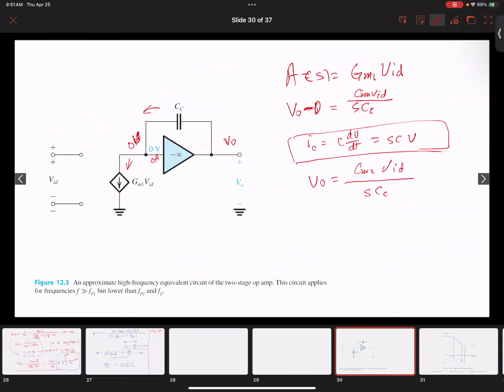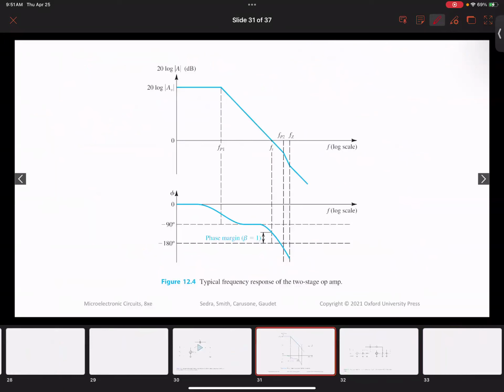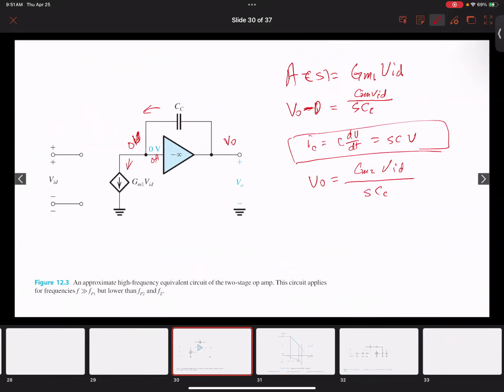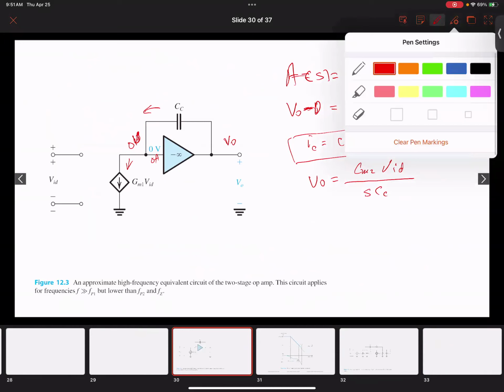So we have our gain eventually equal to GM1 VID divided by SCC. Here is the equation here.